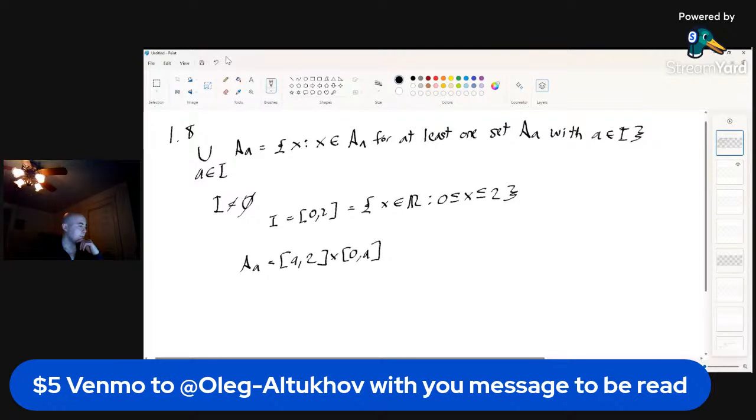Notice the positions alpha occupies in the cross multiplication. That's important. So then let's say alpha is equal to 1. So then we're going to say 1, 2, multiply 0, 1. And we're doing right now just the union, not the intersection. All right, so then this gives us the sets.